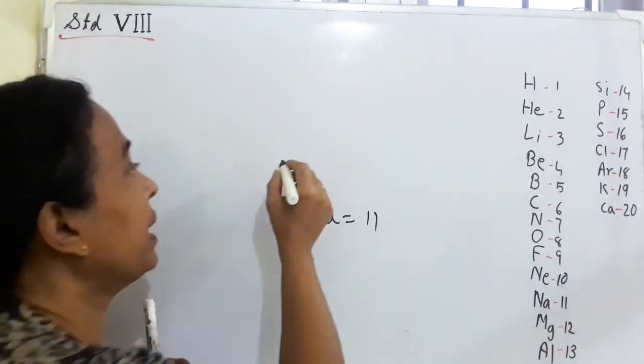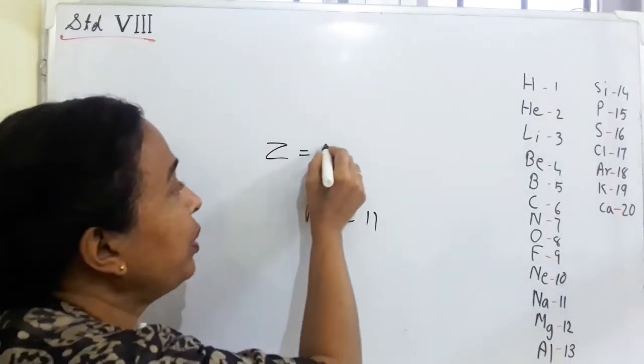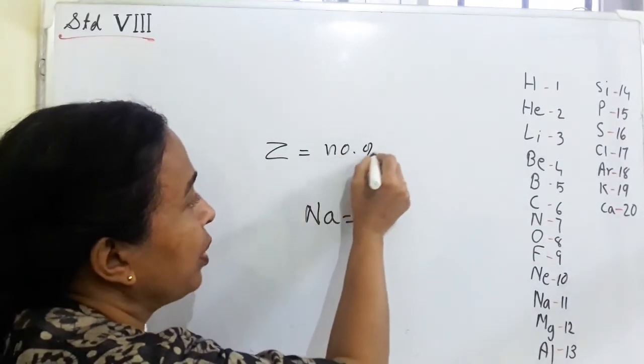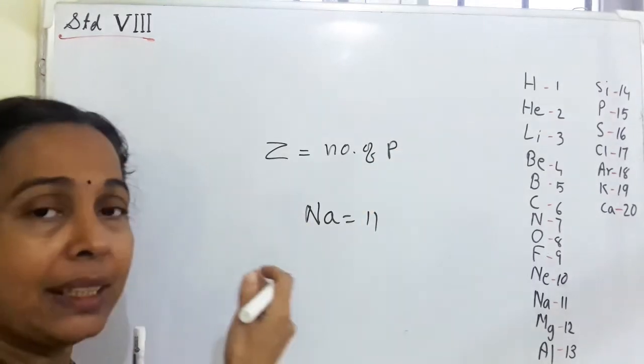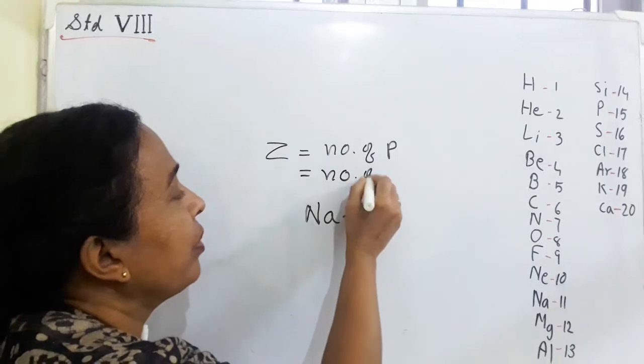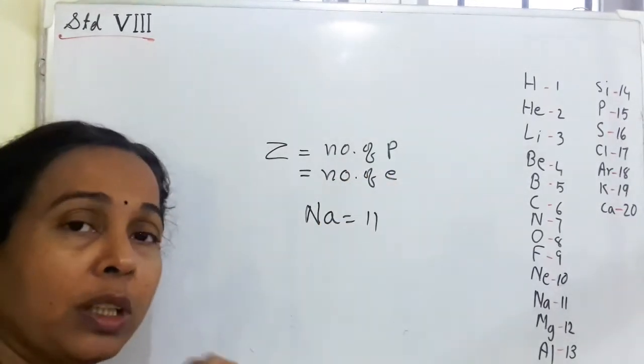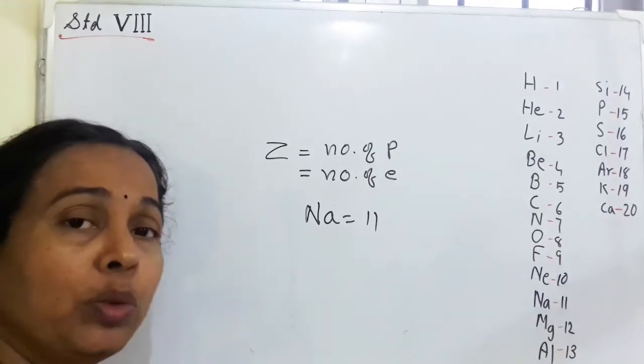So atomic number, which is represented by the letter Z, is equal to number of protons, and as it's a neutral atom, that is again equal to number of electrons.